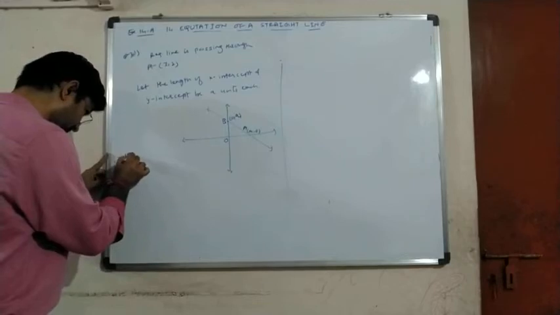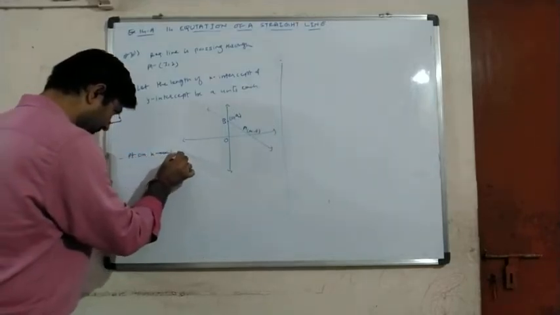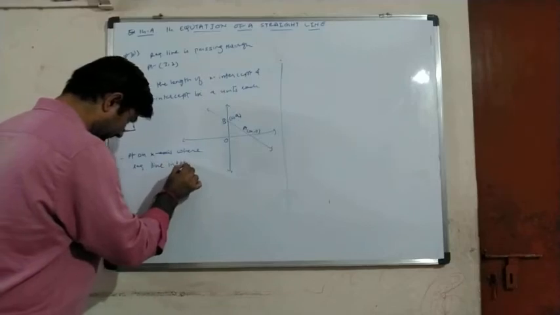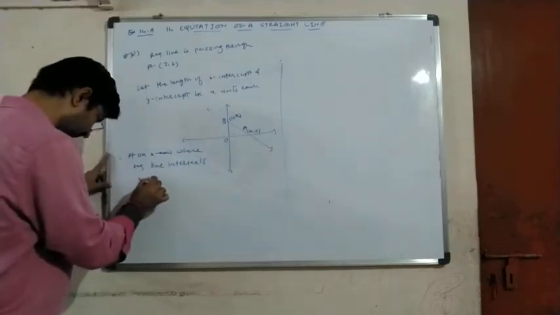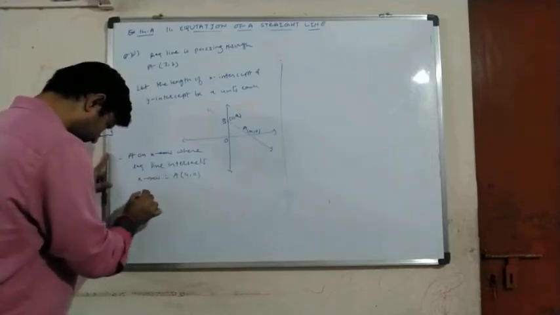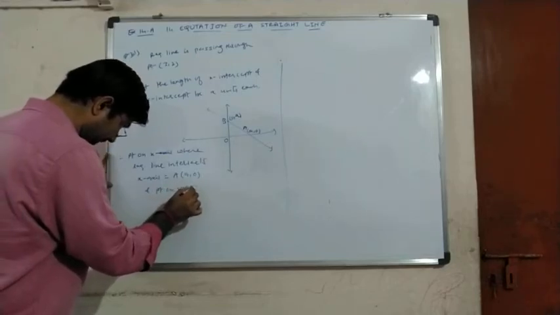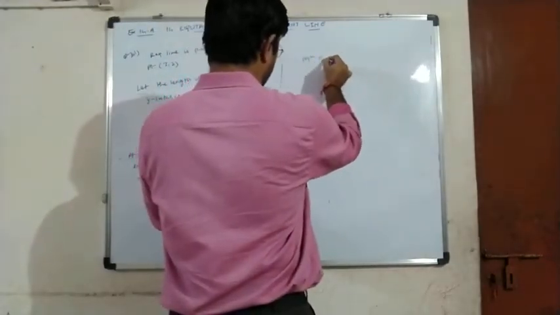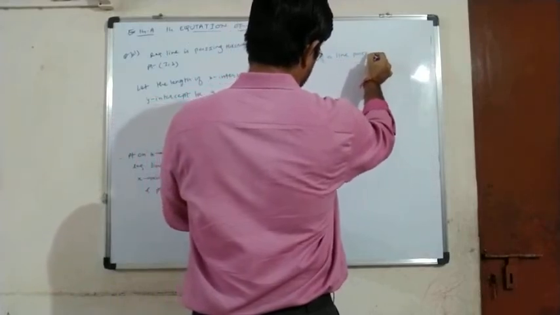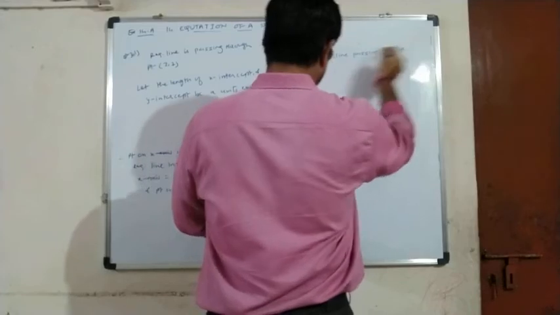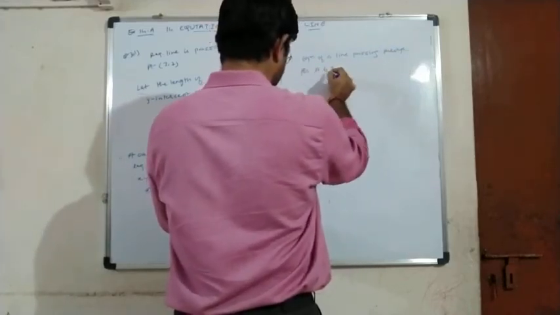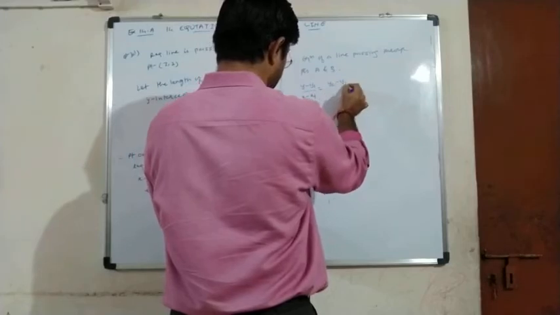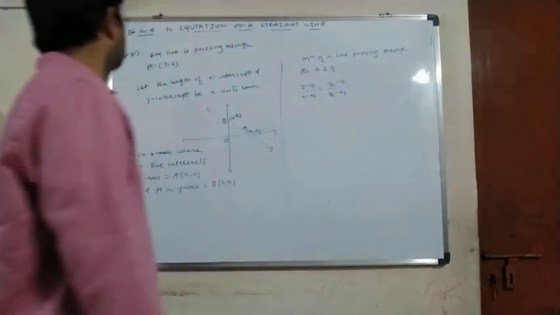Therefore the point on the x-axis where the required line intersects is (a, 0) and the point on the y-axis is (0, a). Therefore the equation of the line passing through points A and B will be given by the formula (y minus y1) upon (x minus x1) is equal to (y2 minus y1) upon (x2 minus x1).